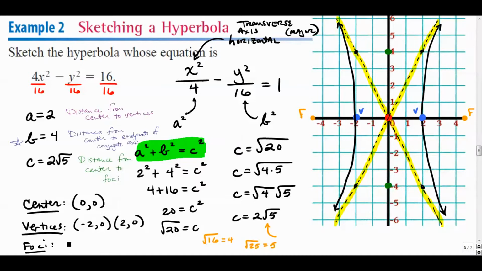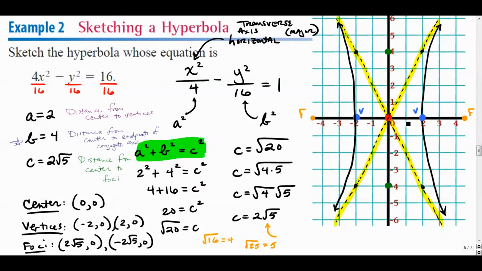And the foci are c units away from our center, so it's (2√5, 0) and (-2√5, 0). And those green points, if you were ever asked for those, would be (0, 4) and (0, -4).